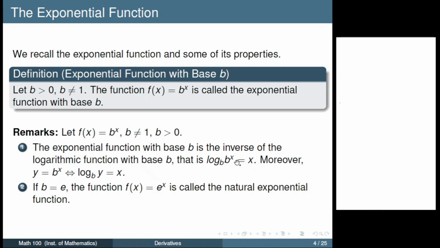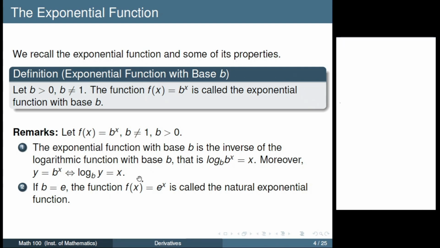And observe natin na ang b to the x nga ay ang ating f of x, which we can replace as y. So therefore, ito na yung expression na yun, no? We have y equals b to the x if and only if, equivalent siya as saying that your log of y to the base b is equal to x from this property.